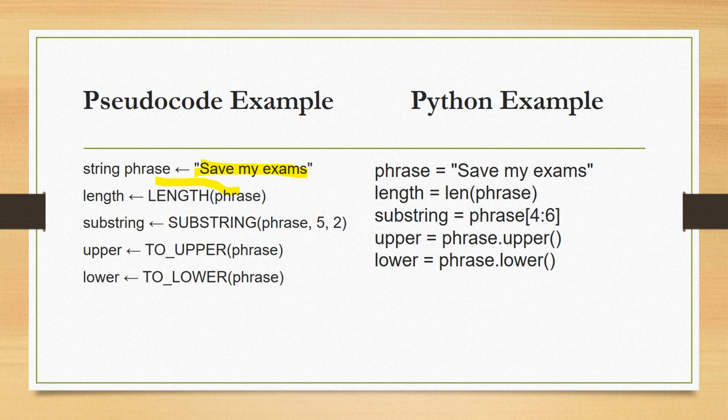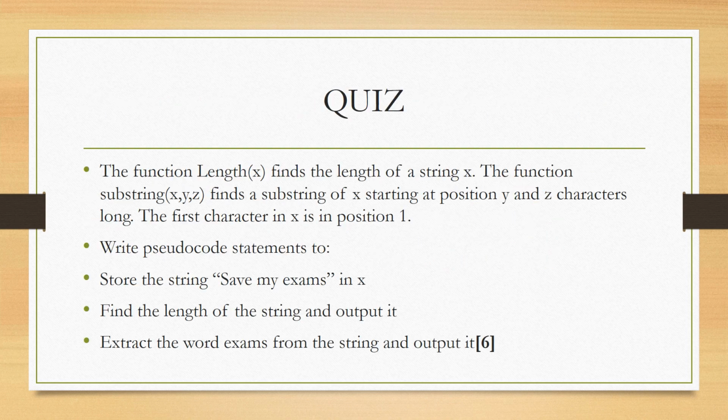So what is the length of this phrase? 1, 2, 3, 4, 5, 6, 7, 8, 9, 10, 11, 12, 13. So the length of this string is 13, and my length variable contains 13. Substring will give you the substring from the phrase, starting from the value till 2 digits, right? ToUpper will convert it into uppercase letters, and toLower will convert to lowercase letters.